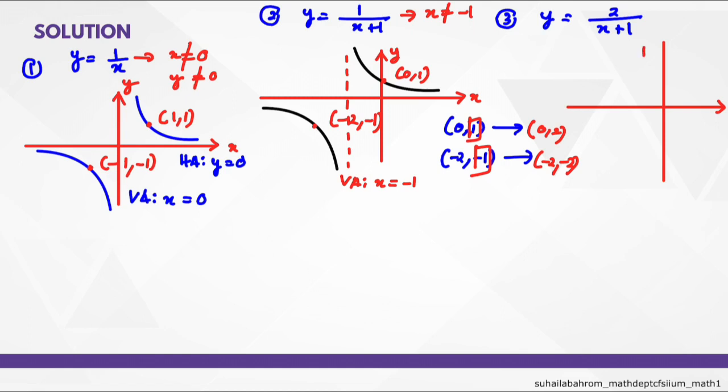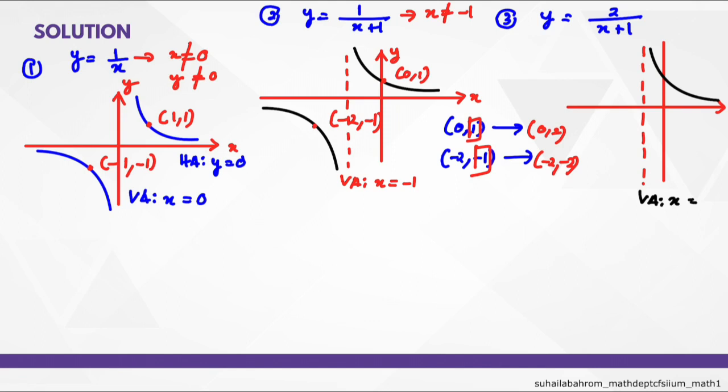On the third graph, we need to draw the vertical asymptote first. It is important for you to draw the asymptote first, then draw the graph. If you draw the graph first, then the vertical asymptote, there is a possibility for your graph to touch the vertical asymptote. So it's better for you to draw the vertical asymptote line first.